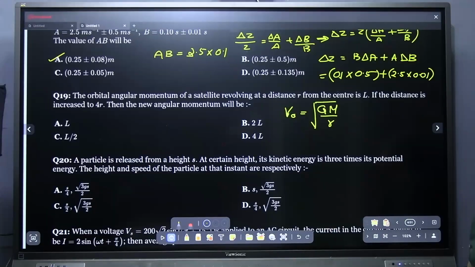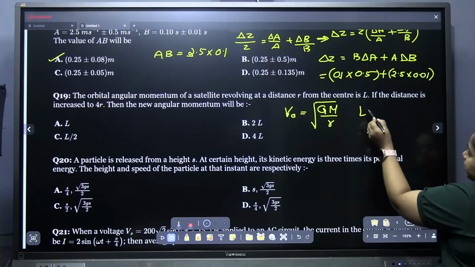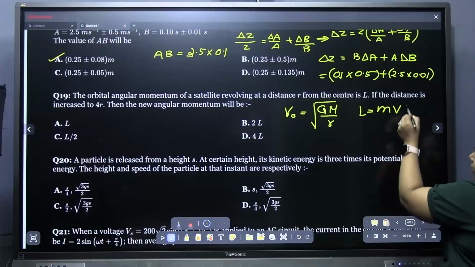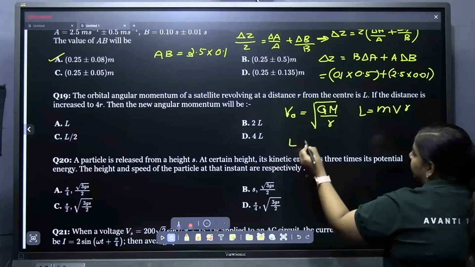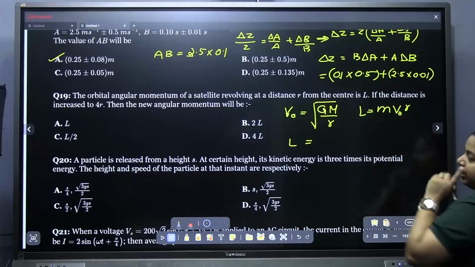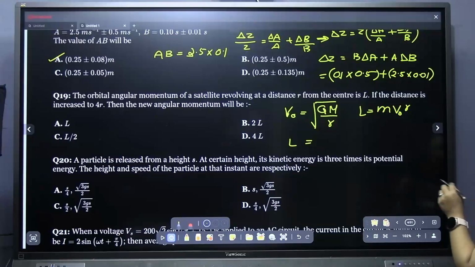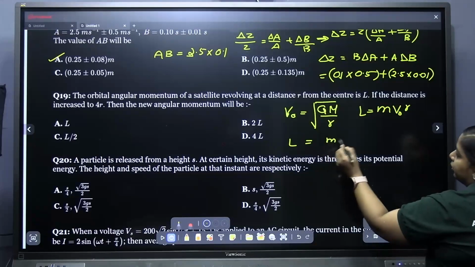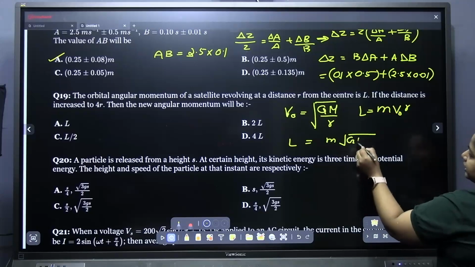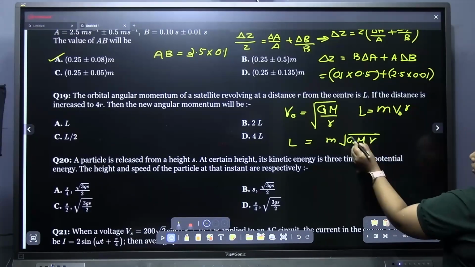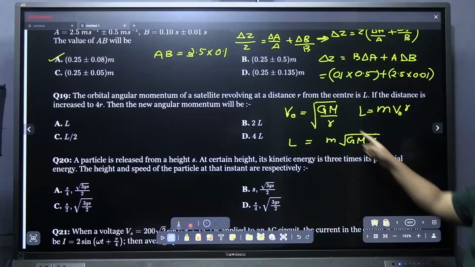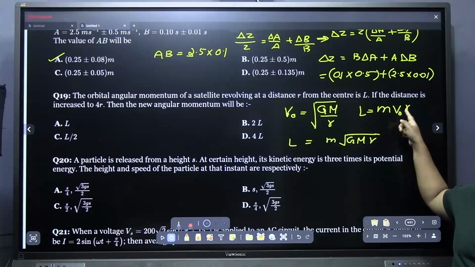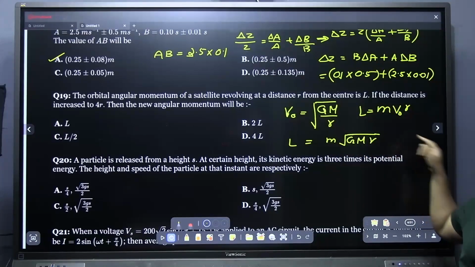Angular momentum is equal to mvr, which means if you substitute v orbital, you will get M into root GMr, like root r and r divided by root r, you will get root r.